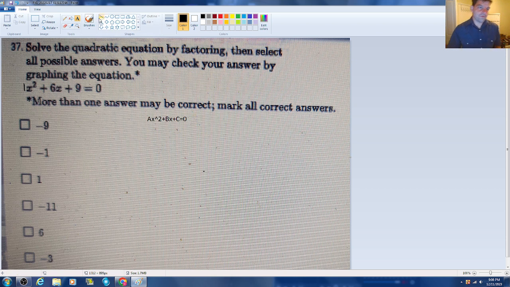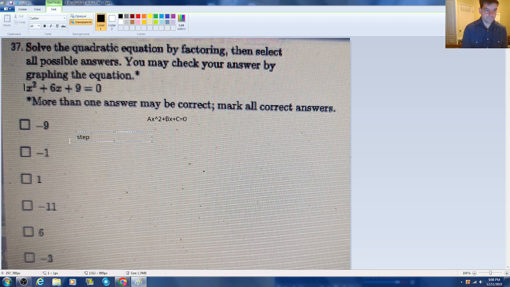Now what we're going to do is go ahead and identify, so step 1 is identify the A, B, and C of your quadratic.